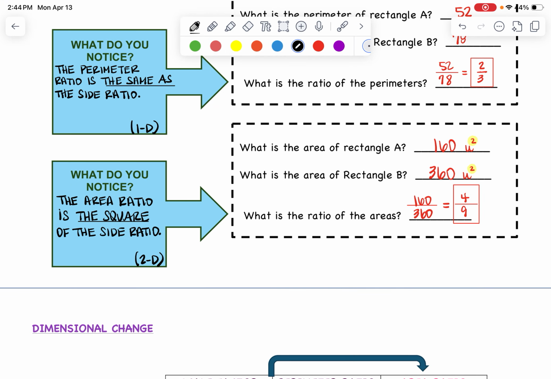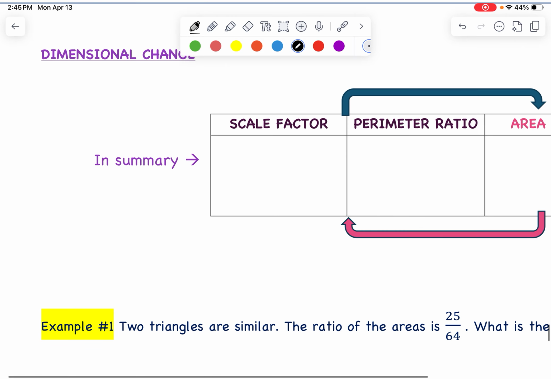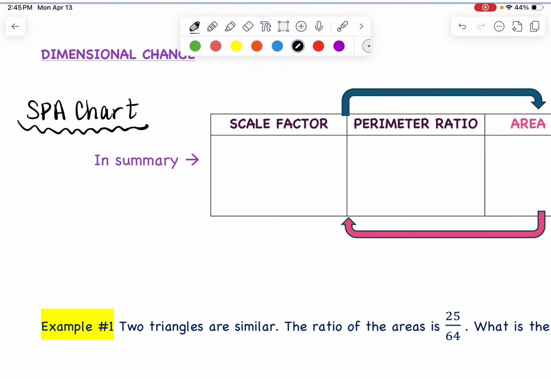Now, in order to keep these two rules straight, which are not very difficult to forget, we're going to set up what we call a SPA chart. Now, am I going to force you to use a SPA chart? No. Do I highly suggest it? Yes. Most students that miss these questions on the test, because I'm going to tell you right now, when we take the test over Unit 6, they either get all of these questions correct or they get all of these questions wrong.